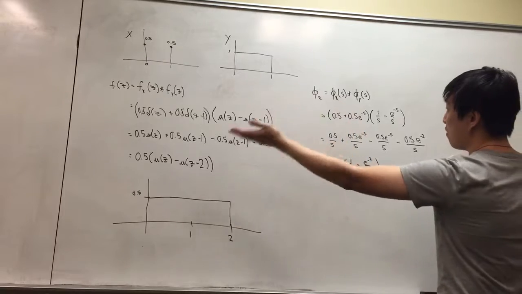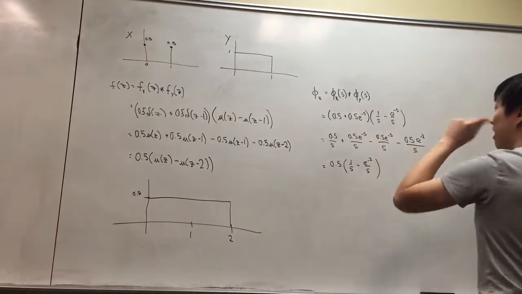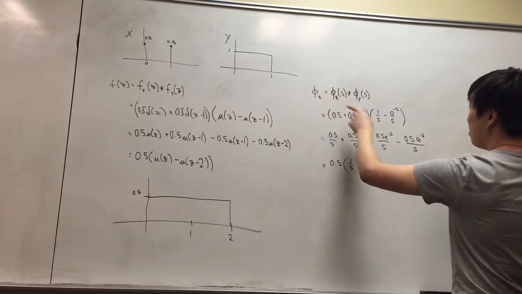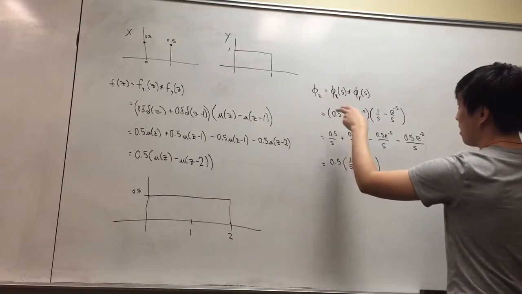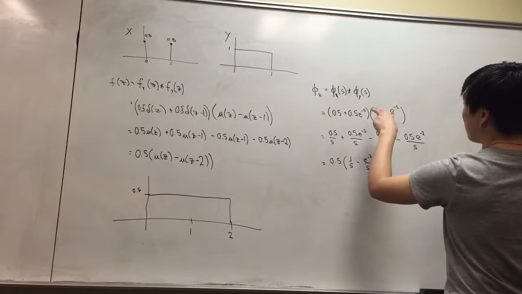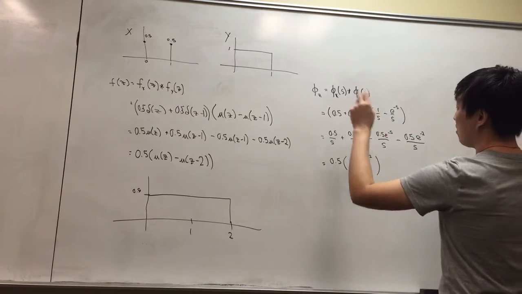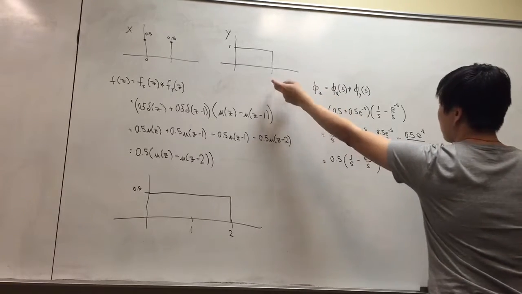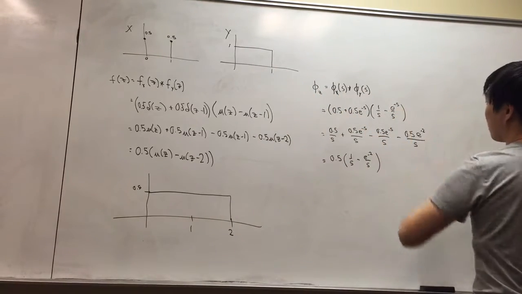If it was shifted to the left by 1, it would simply be e to the s. And then times the Laplace transform of the unit step function at 0, which is 1 over s, minus the unit step function shifted to the right by 1, so 1 over s times e to the negative s.